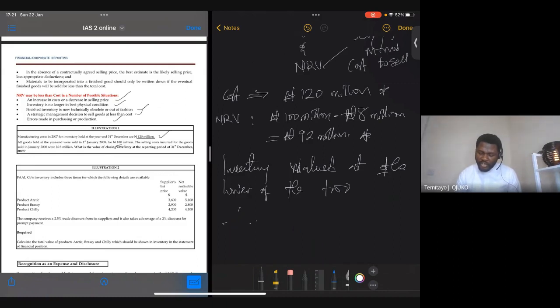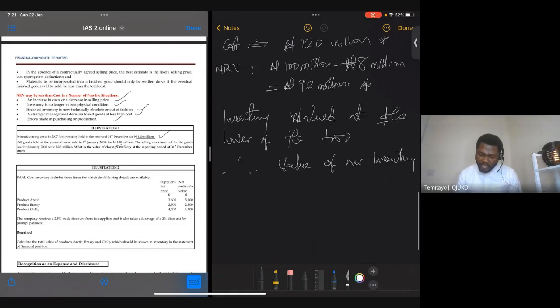So therefore, we are going to say that the value of our inventory should be written down by 8. Sorry, did I say by 8? By 18 million.